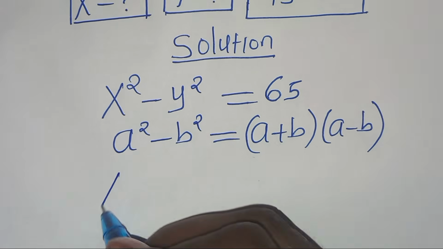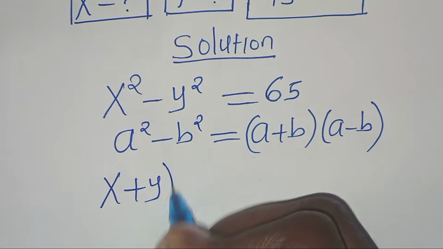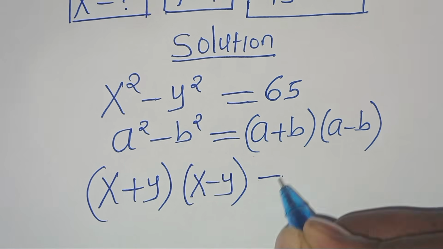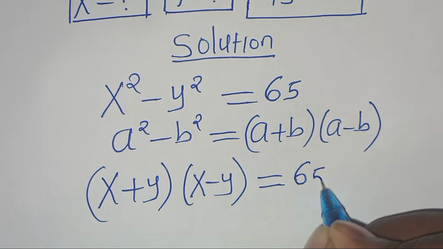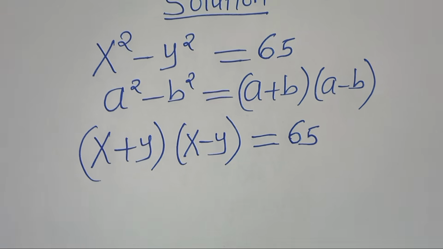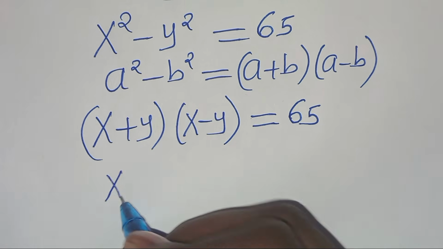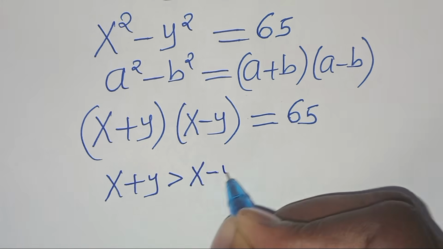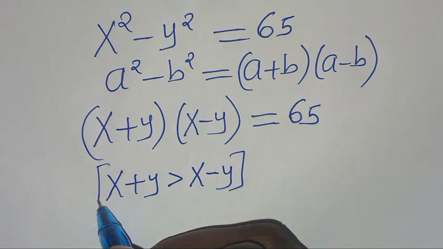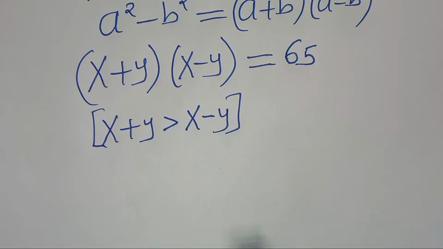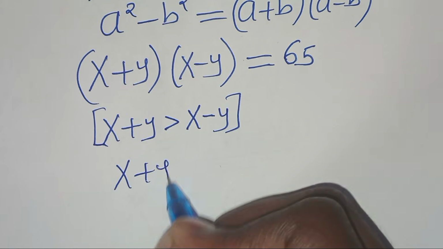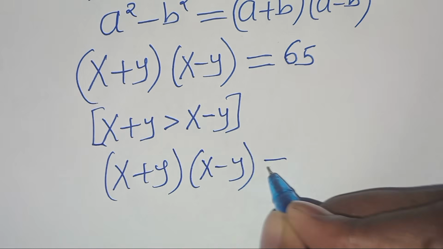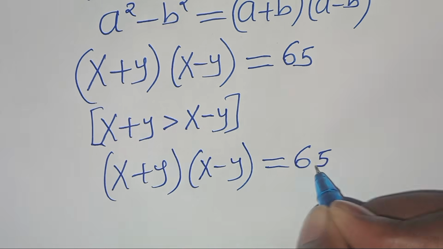So we have x plus y multiplied by x minus y, equal to 65. Now x plus y is greater than x minus y.